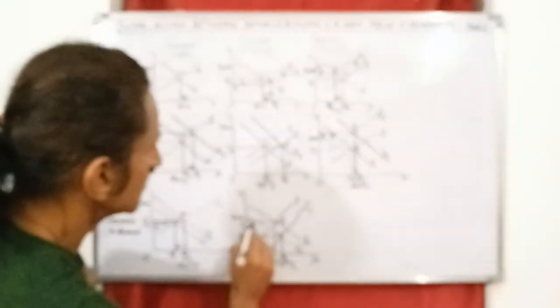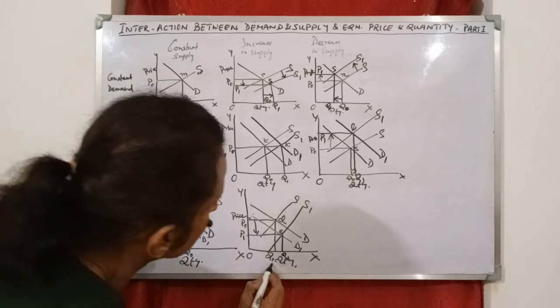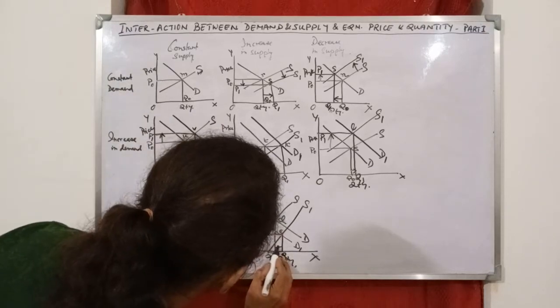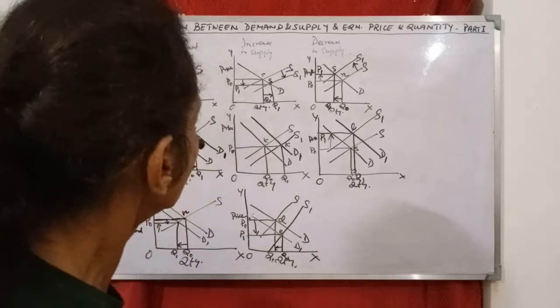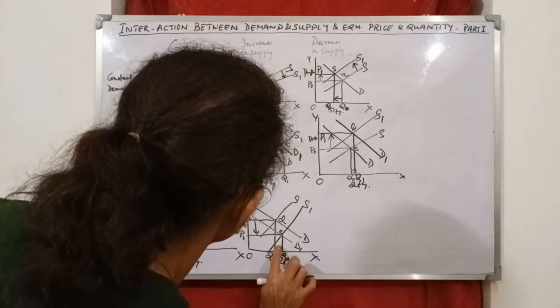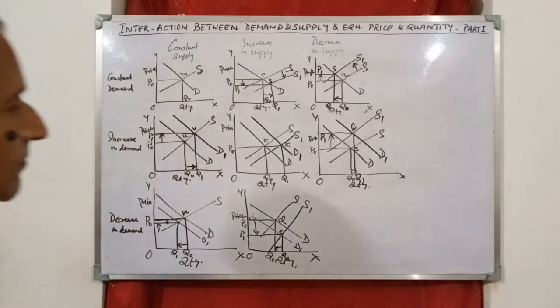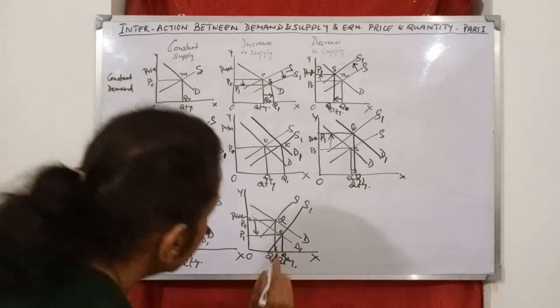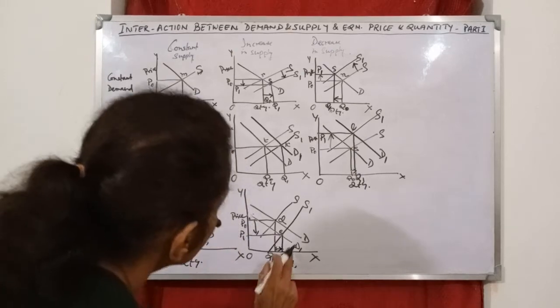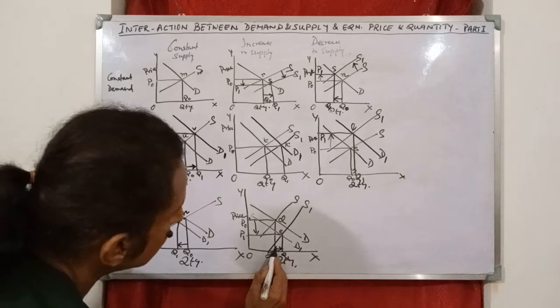So equilibrium price has fallen and equilibrium quantity has also fallen. Sorry, equilibrium quantity has increased because D1 and S1 intersect at point E. Yeah, equilibrium quantity has decreased and equilibrium price has fallen.